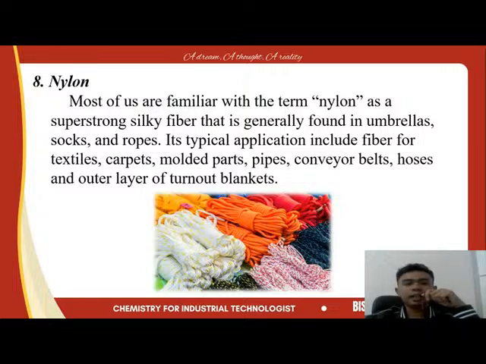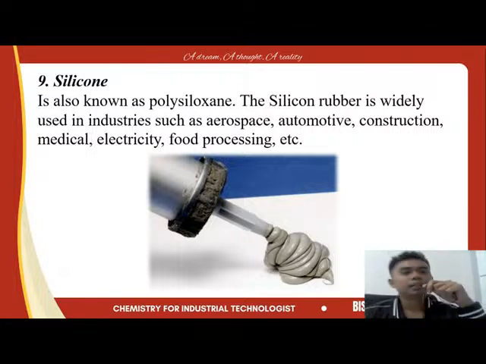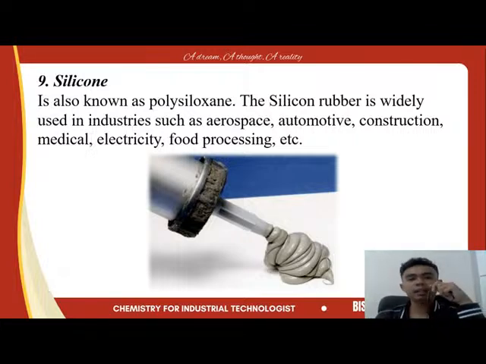Next to nylon is silicone. Silicone is also known as polysiloxane. The silicone rubber is widely used in industries such as aerospace, automotive, construction, medical, electricity, food processing, and many more.